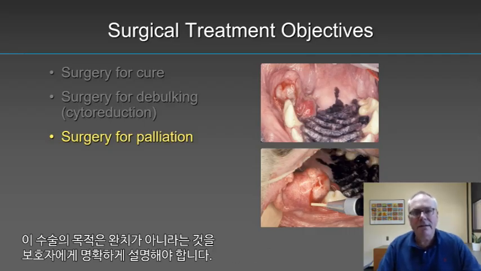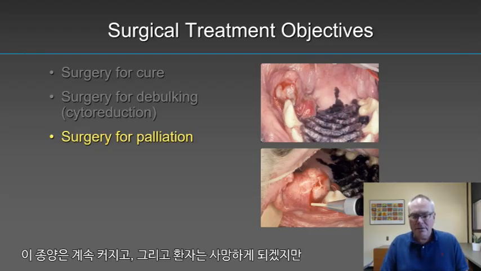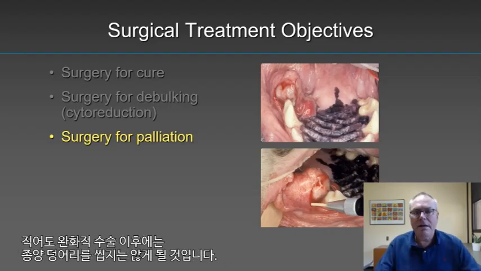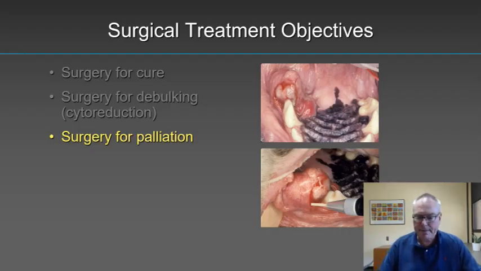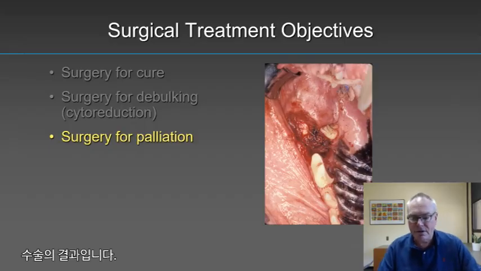The objective of this procedure is not to cure the animal, and one has to be very clear about that to the client. This won't work. This animal will die of its tumor. The tumor will keep on growing. But by removing this prominent part of the tumor, at least the animal won't be chewing on this neoplasm. Here we see the end result of the procedure.